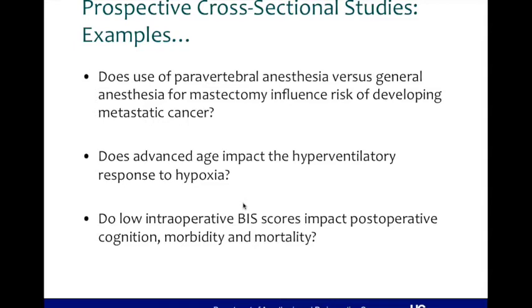If you are looking at certain things retrospectively, it's pretty hard to go back and get consent from patients, but I think it depends on what you're going to look at. If you're going to go back and ask people questions about their health, then you would have to get a consent form.